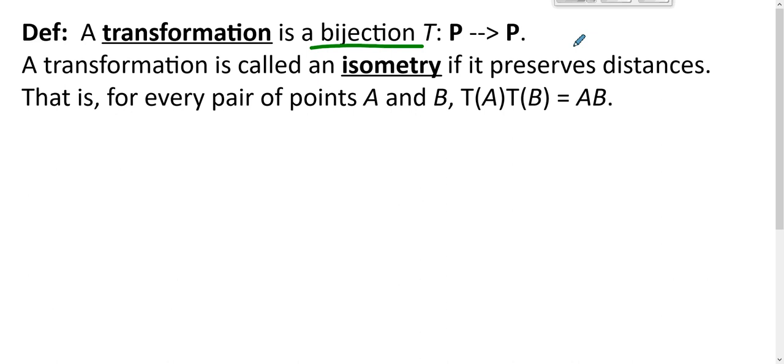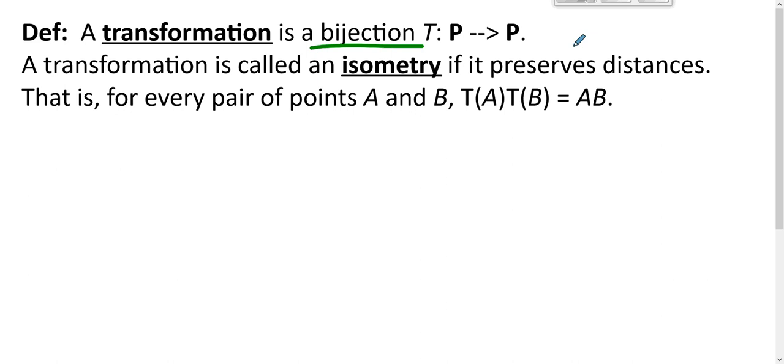We often think about transformations as moving these three vertices of this triangle to these three vertices of that triangle, but really to do that, the transformation has to move every point in the plane to some other point in the plane. Domain and range are both the plane.